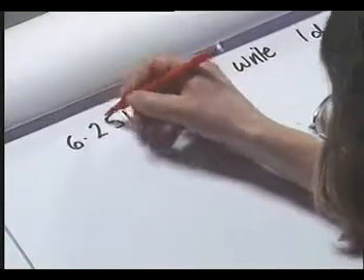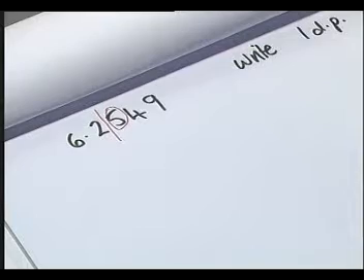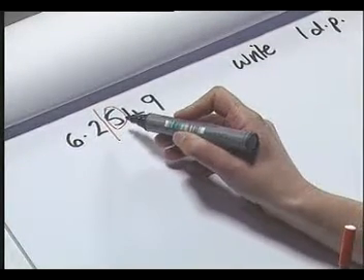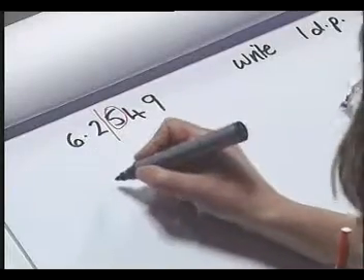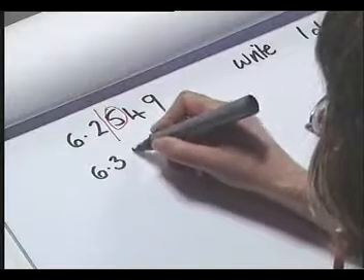So to 1 decimal place, 1 place, we put our line. This is the digit we're considering. It's a 5, so that means it will affect this 2. So to 1 decimal place, the answer is 6.3.